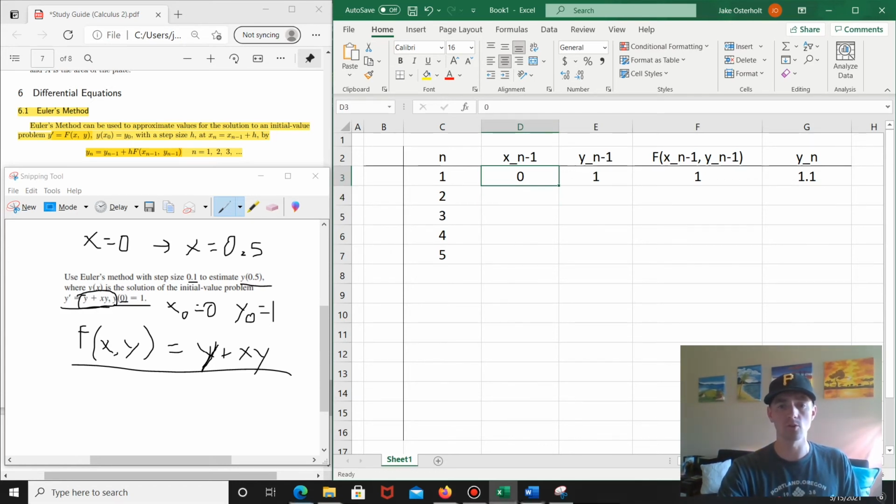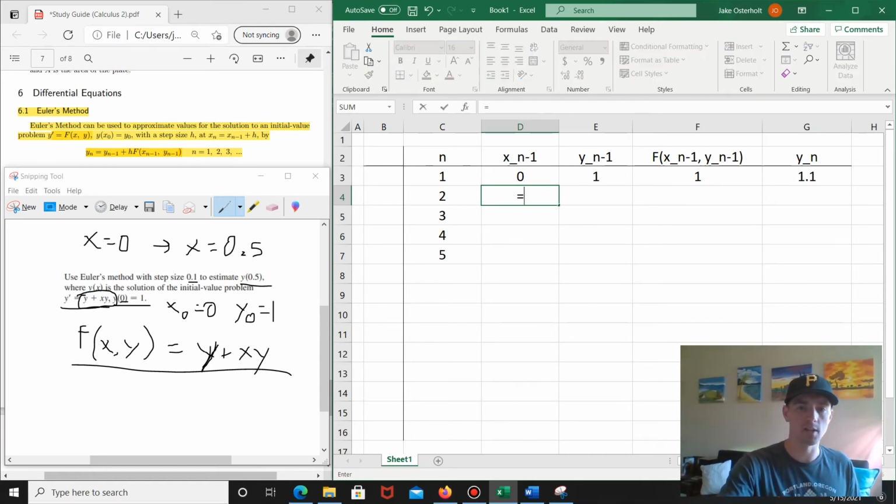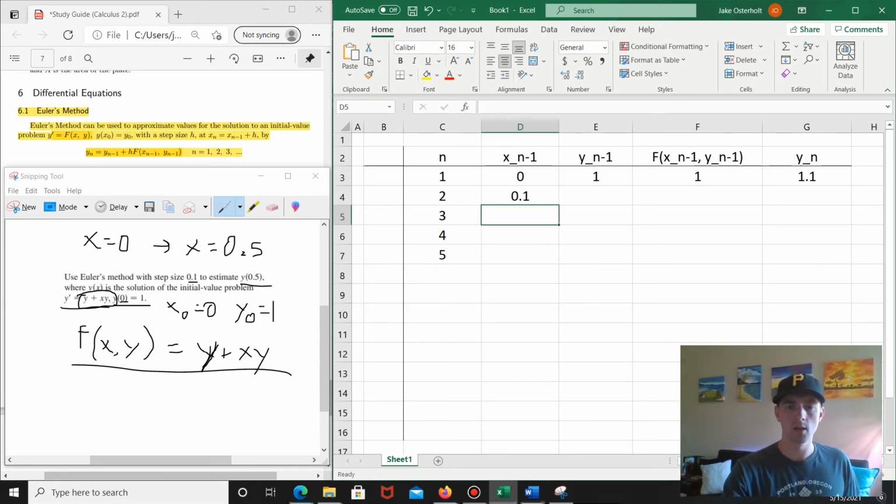So we're going to take this cell here, the second x sub n minus 1, and say equals our previous x sub n minus 1 plus our step size. And our step size is 0.1. So again, we're going to get plus 0.1, and that's going to automatically put in our next step size.